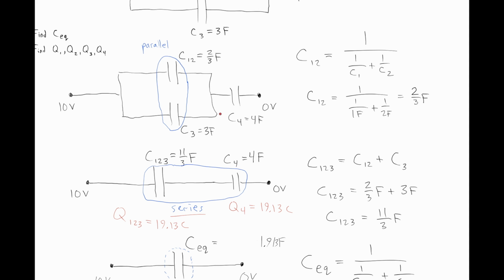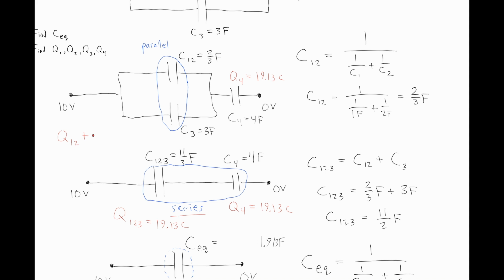So now when we go back to the previous diagram, the charge on capacitor 4 we already determined was 19.13. But what we find about the other capacitors is they will share 19.13.